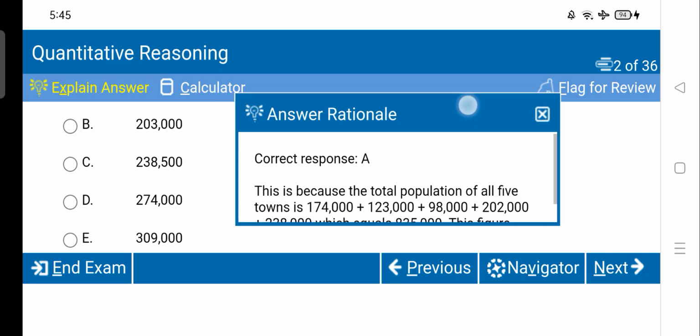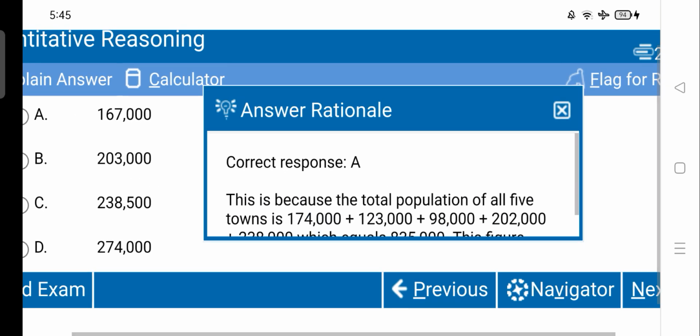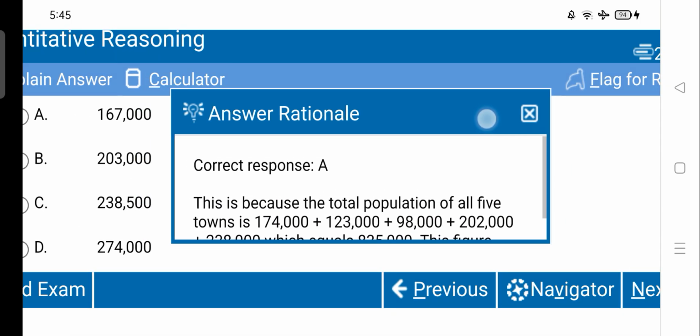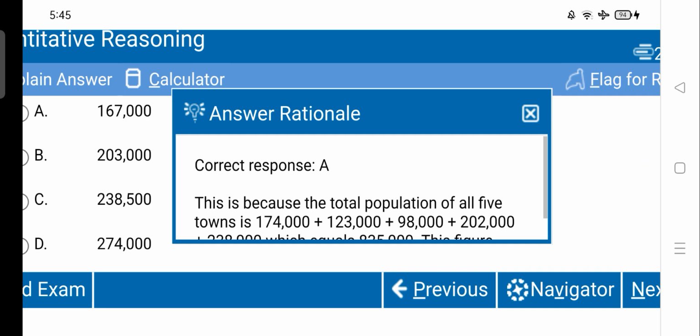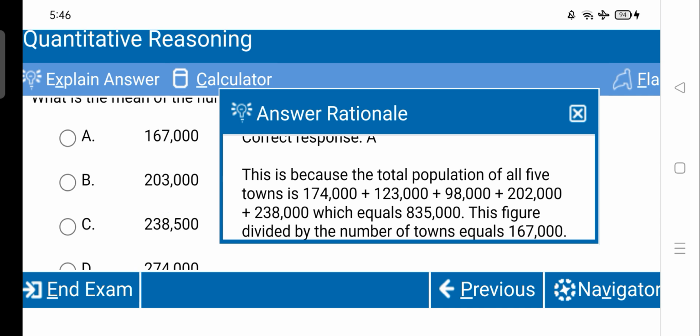So option A is the correct option. This is because the total population of all 5 towns is 174,000 plus 123,000 plus 98,000 plus 202,000 plus 238,000, which equals 835,000.